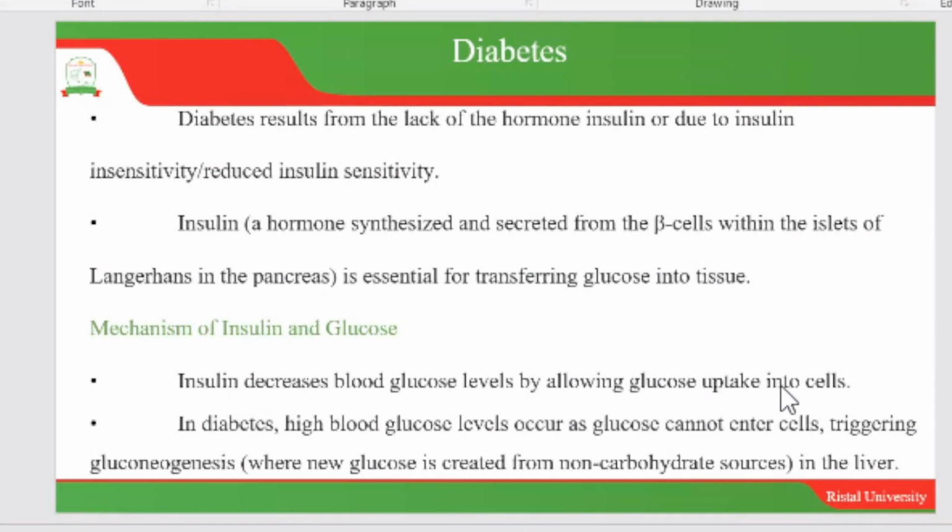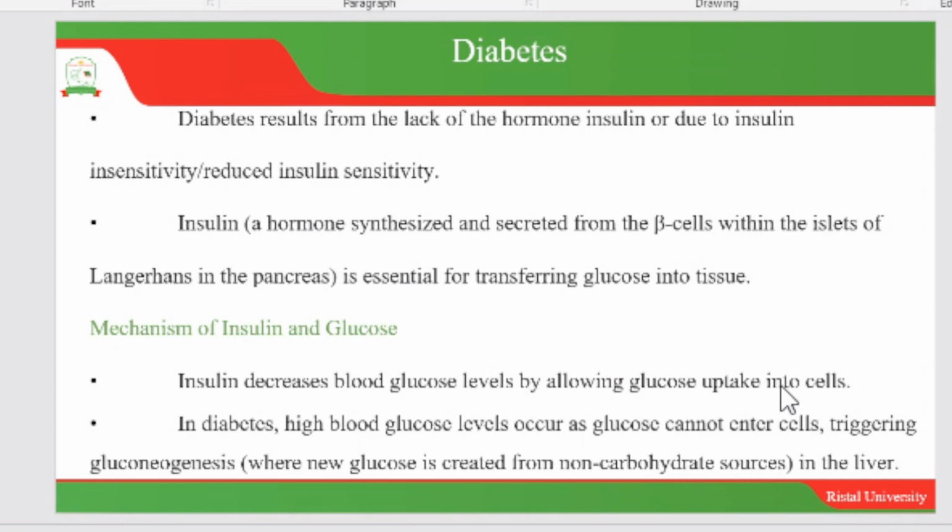So when we eat food, food is digested, and the end products of digestion of our food, mainly the carbohydrates, the end product is glucose. So this glucose has to be taken into the body to make sure that it is used by the tissues to generate energy.